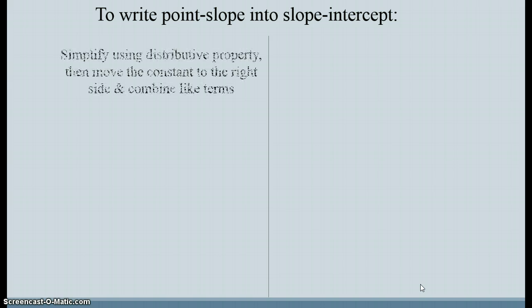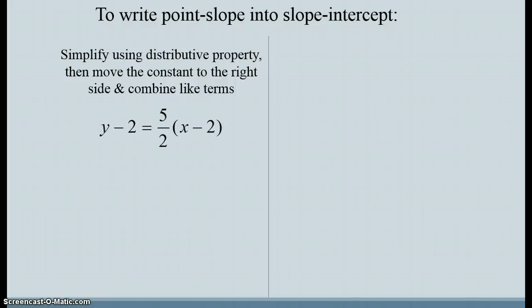Just change it. So to write the point slope into slope intercept, simplify using distributive property, then move the constant to the right side and combine like terms. All right, again, we have this example, y minus 2 equals 5/2 times x minus 2.